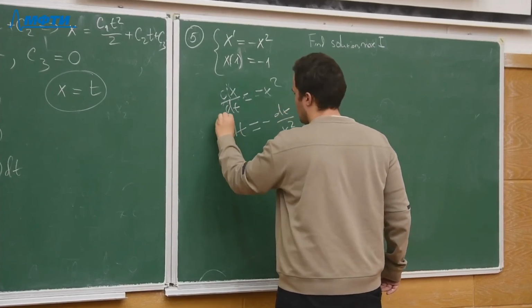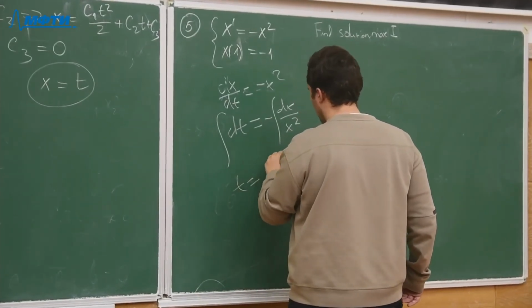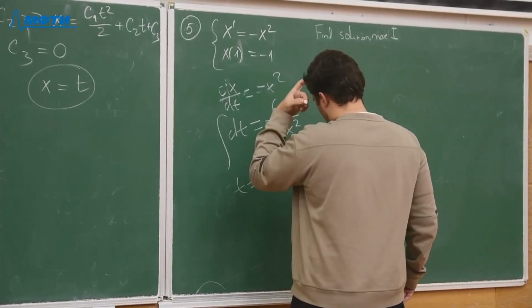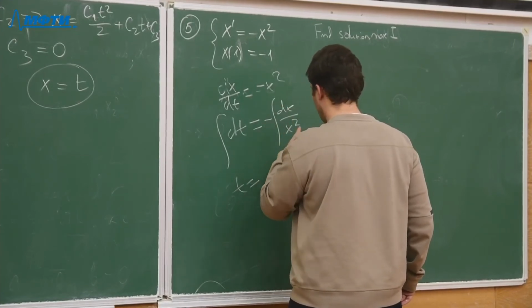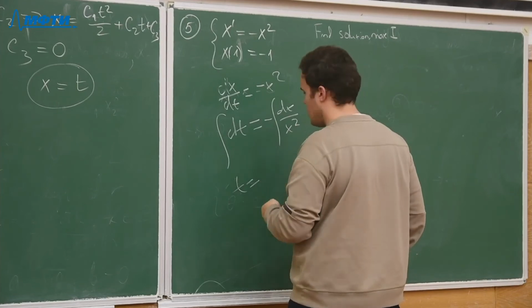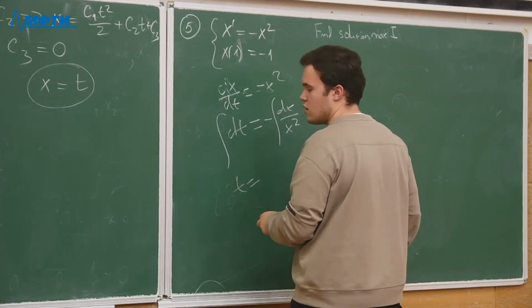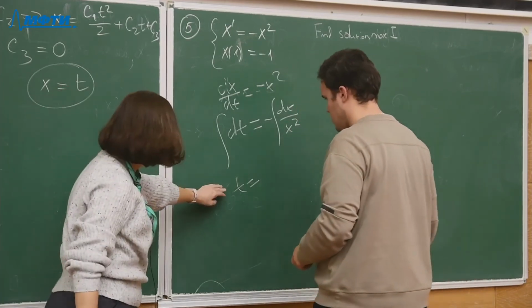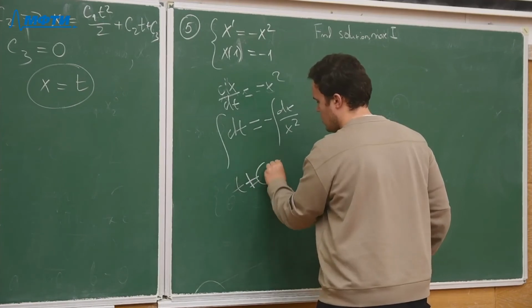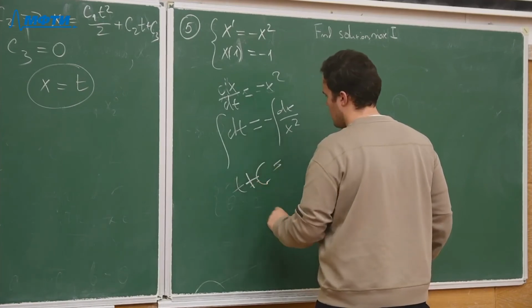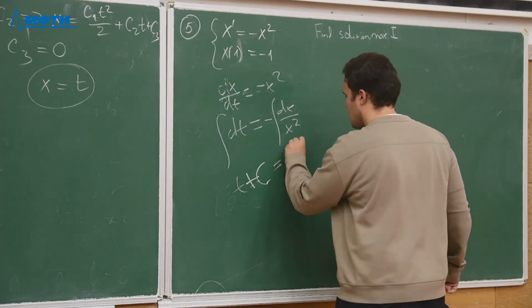Correct. Then integrate. Usually t plus c, so add the constant to t on this side. Right, but it's better to add the constant here to t, t plus c. Usually the constant is added to the independent variable, to time.